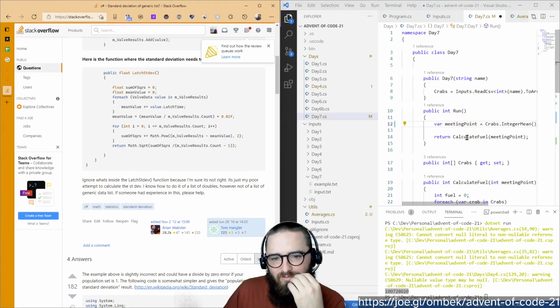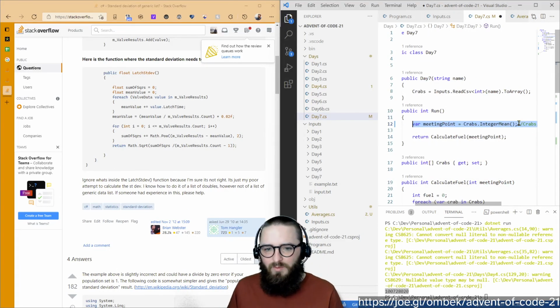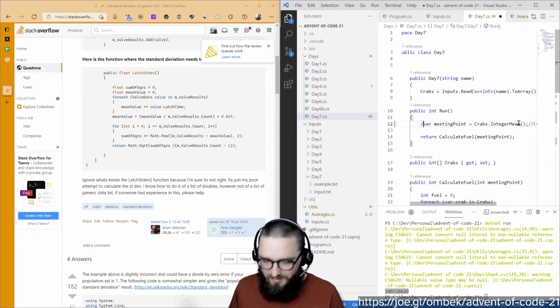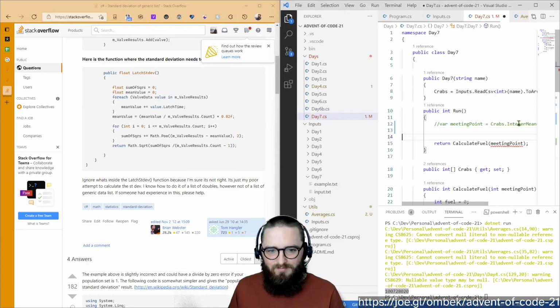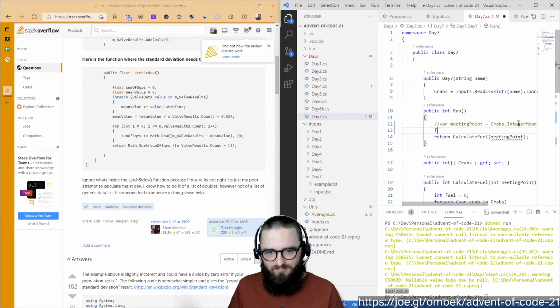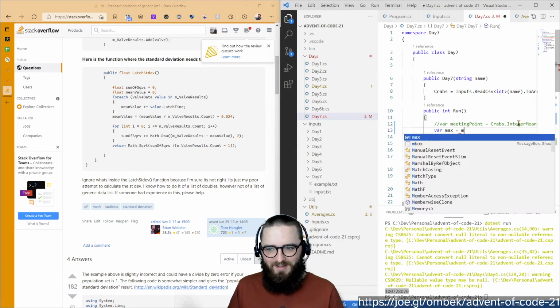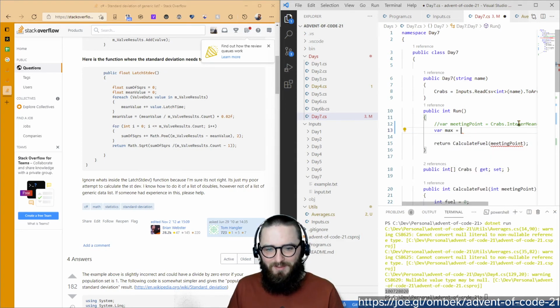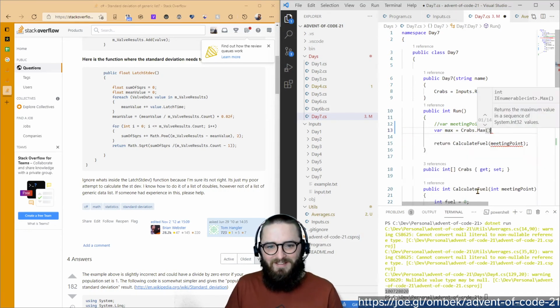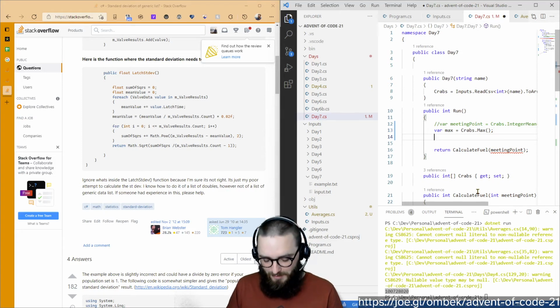Oh, it'd be easier to just run the calculate fuel for each one and pick the lowest. How many numbers are we talking? Why do I keep typing the word math? Max. It's never going to be below the minimum either, is it?